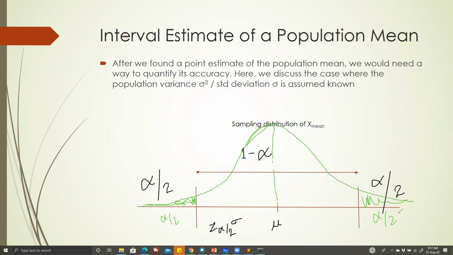My drawing might not look like this, but it is going to be symmetrical. So the error range will have area of 1 minus alpha, and this alpha is called the level of significance.